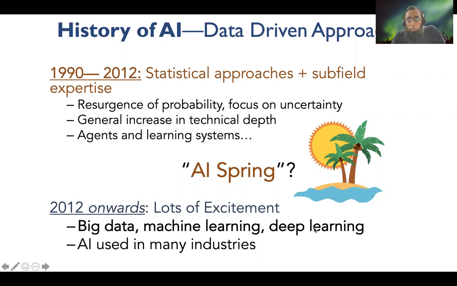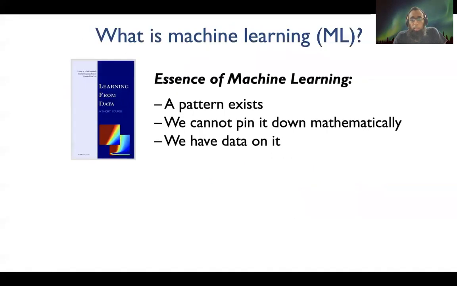And deep learning was a specific kind of ML, which led to a great progress in how various algorithms perform. So on this slide, I show what is the essence of machine learning.